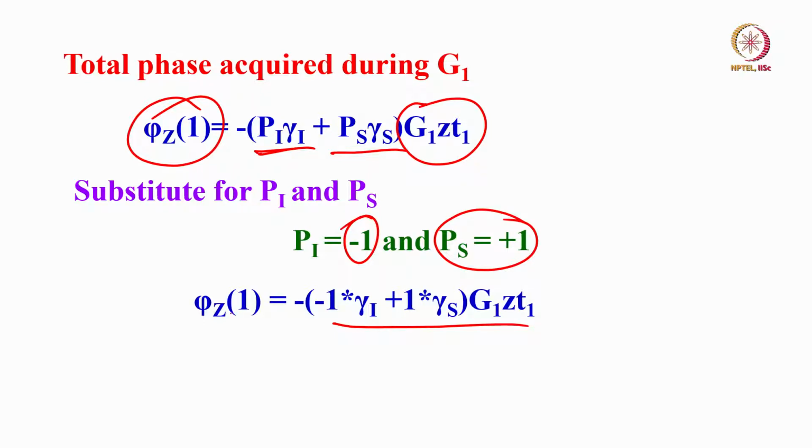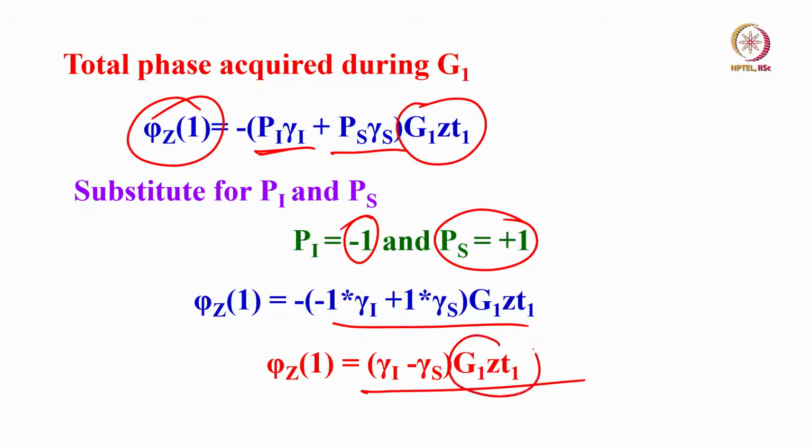Phi z1 turns out to be -1 into gamma I plus 1 into gamma S. This boils down to phi z1 for the gradient 1 being (gamma I minus gamma S) into G1 z t1. That is for the first gradient, because both the spins, both heteronuclei, are there.